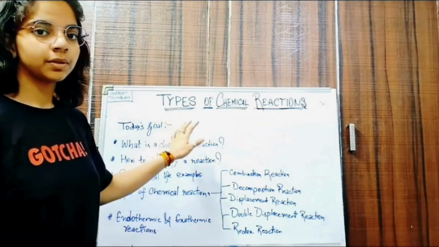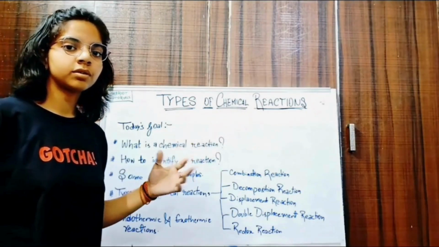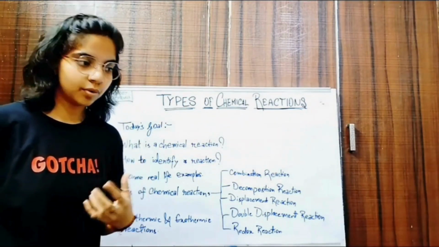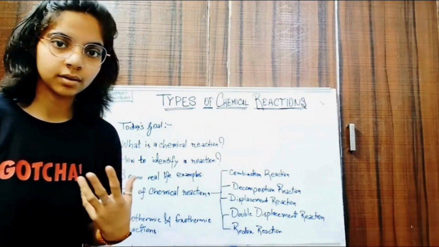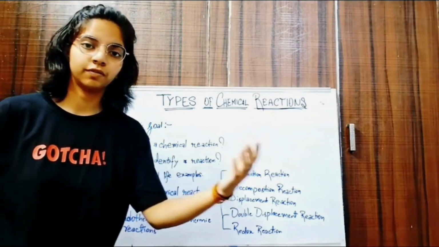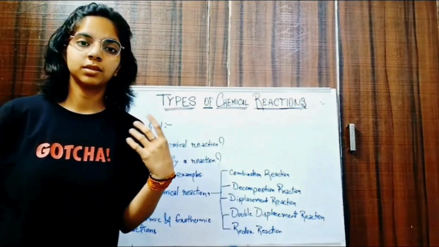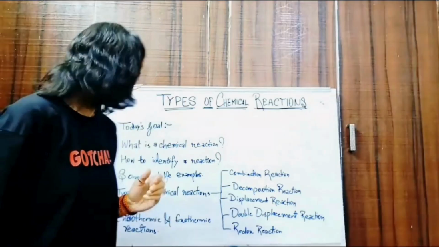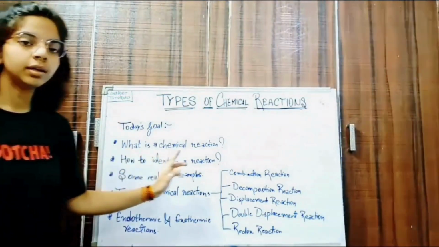See, our main topic is types of chemical reaction. So we must understand what a chemical reaction is. What changes occur in a substance when we say that it is undergoing a chemical change? It means a chemical reaction is occurring, or a physical change is occurring. And how to identify a reaction?